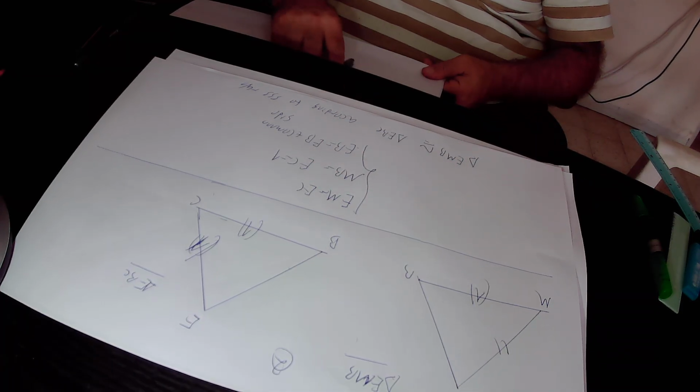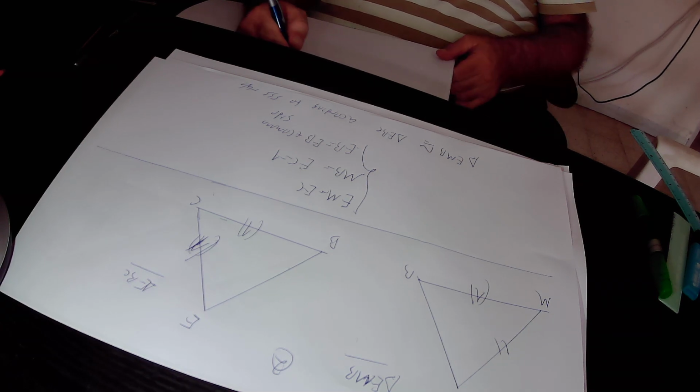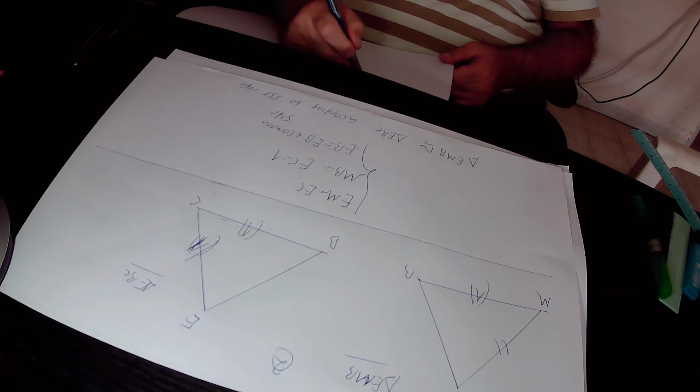So I'll write it down. The area of EMB is equal to the area of EBC.